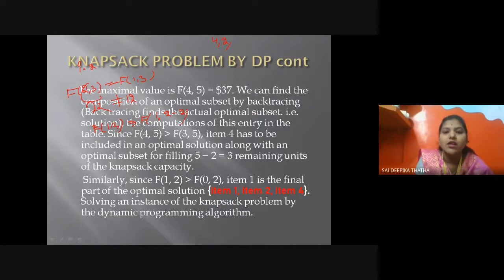So f of 1 comma 1 comma 0. Now this is my f of i comma j. 1 comma 2, use that formula i minus 1 comma j. What is i minus 1? 1 minus 1 is going to be 0. And what is my j value? It is going to be 2.